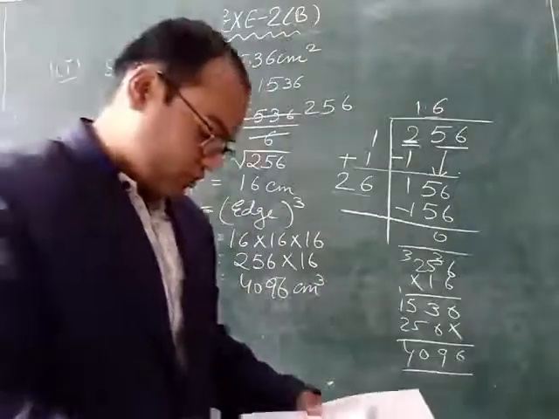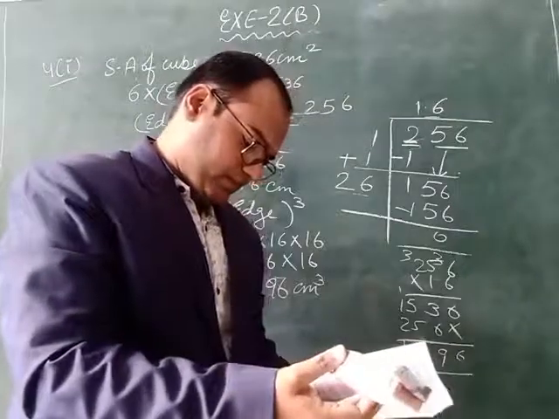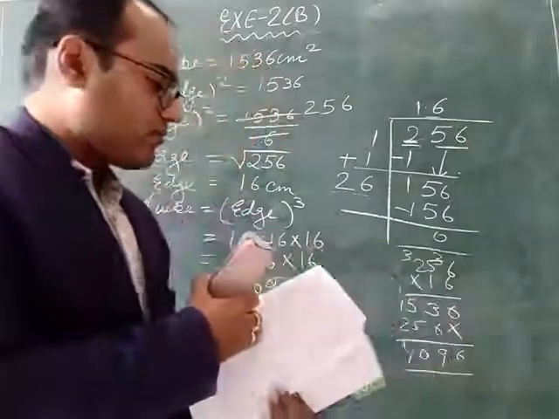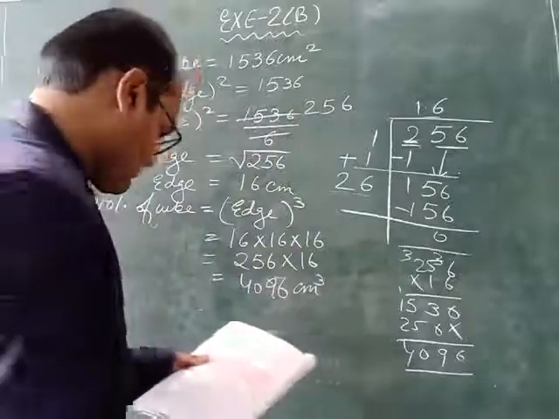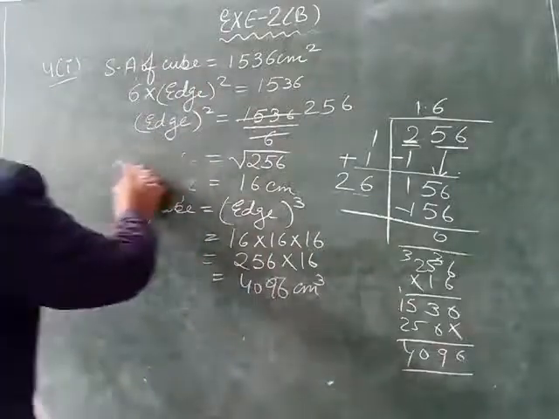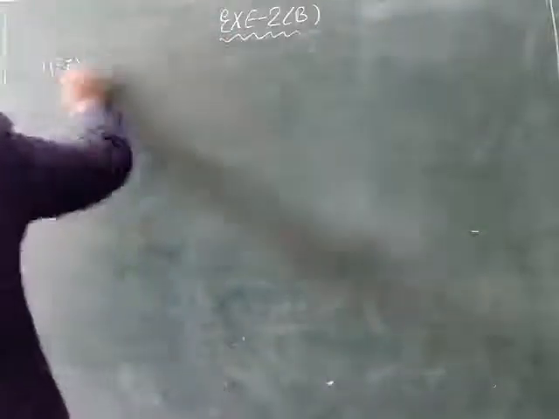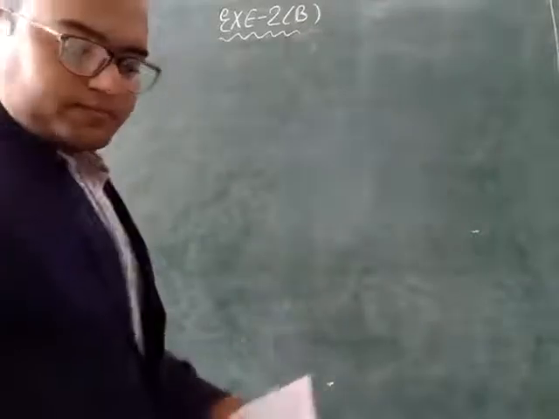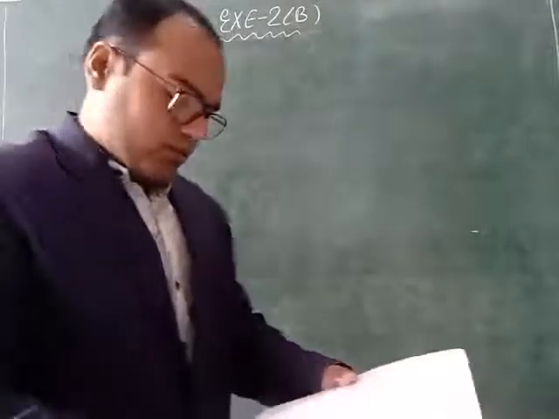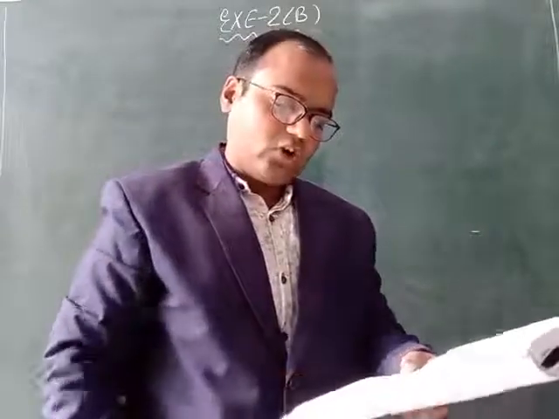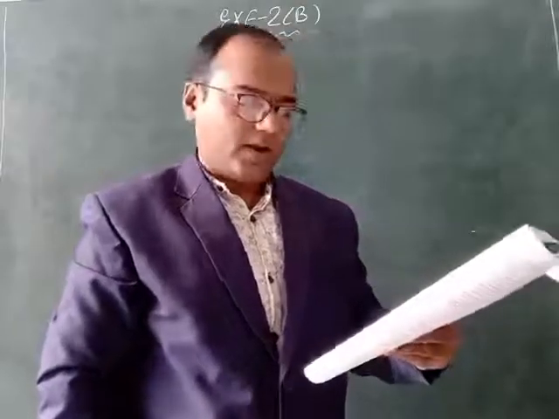Now see another question. Question number 5. Two cubes, each of h 3 cm, are joined end to end.